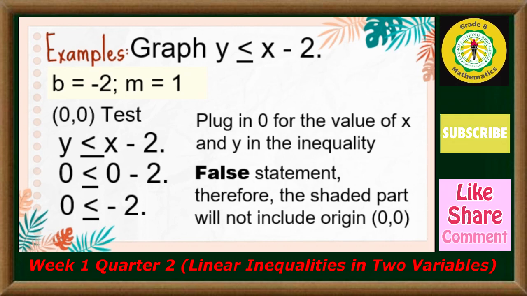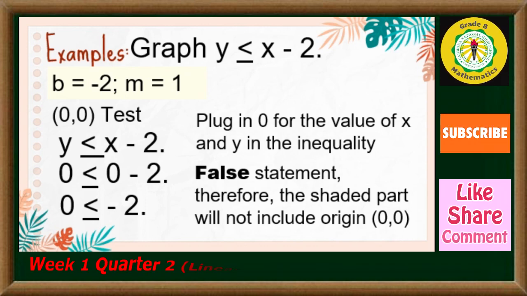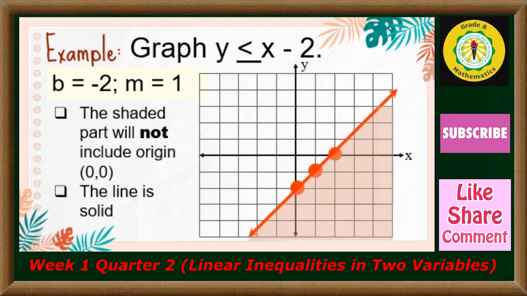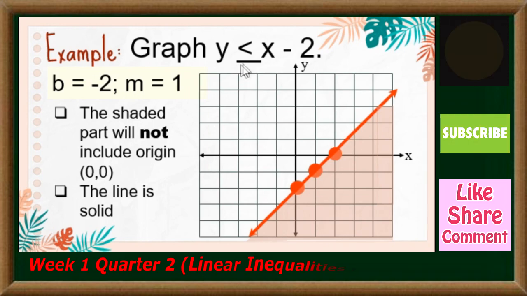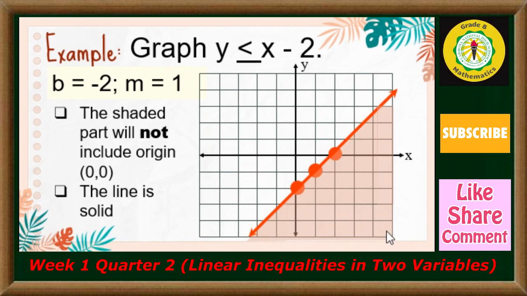This is a false statement. Therefore, the shaded part will not include the origin (0, 0) and the line is solid. Since we use less than or equal to, the shaded part is below the line.